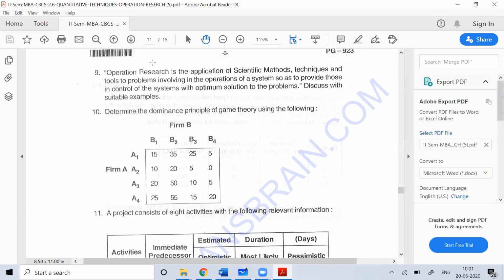There's no rocket science. You can easily solve it. Everyone, please write down this problem.